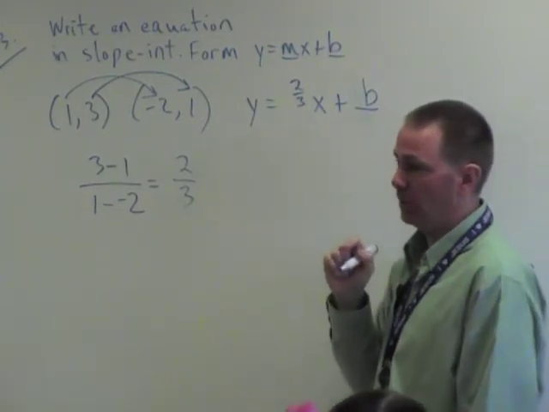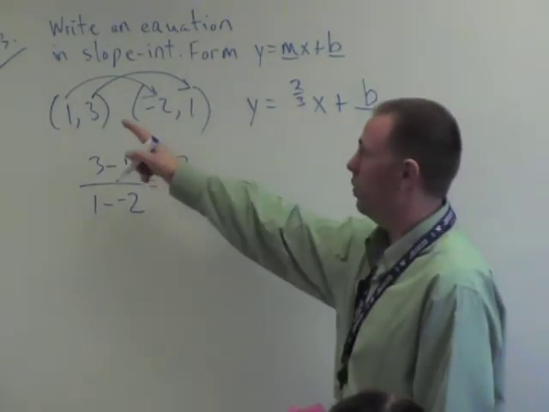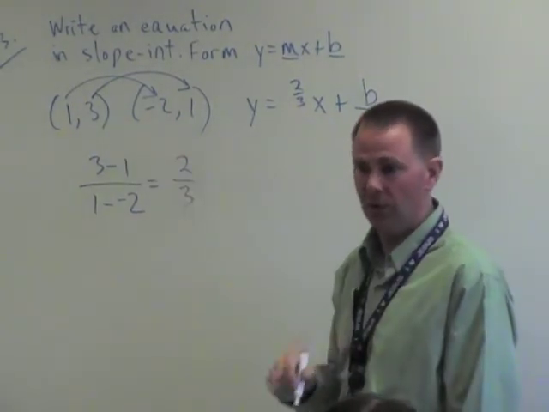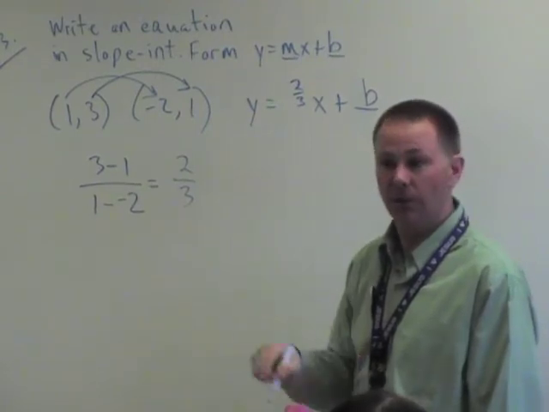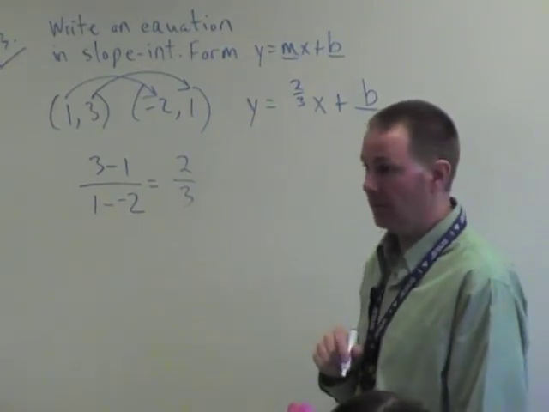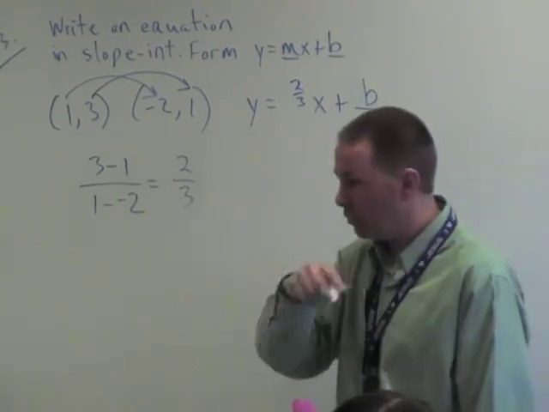So here's what you're doing. To find the y-intercept, you substitute one of the given values for x and y. If they gave you a graph, then you have to find a point on the line to substitute for x and y. So you should write that in your notes.